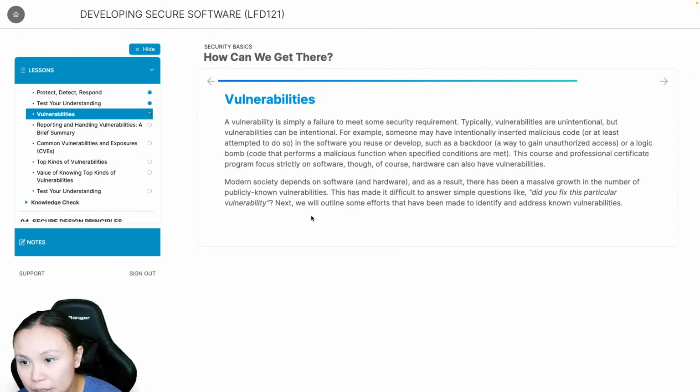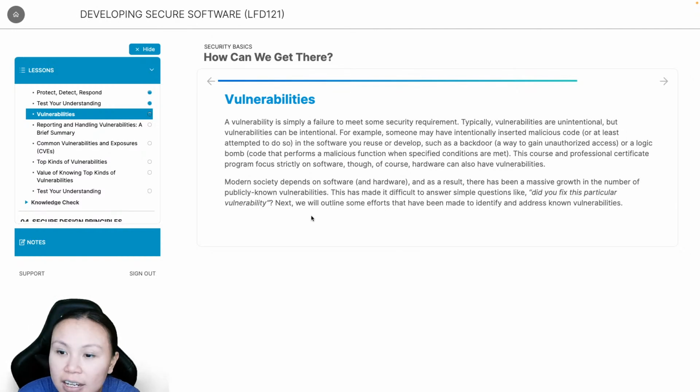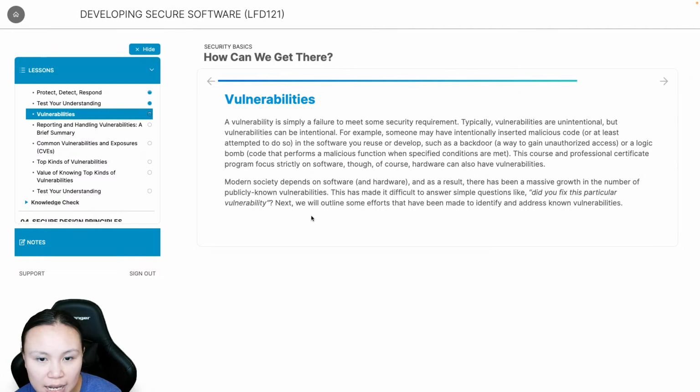These courses and the professional certificate program focus strictly on software, though of course hardware can also have vulnerabilities. Modern society depends on software and hardware. As a result, there has been a massive growth in the number of publicly known vulnerabilities. When we have software, we have vulnerabilities. This has made it difficult to answer simple questions like, did you fix this particular vulnerability?